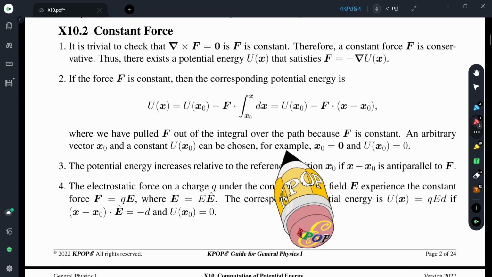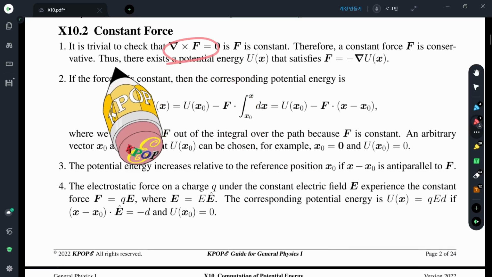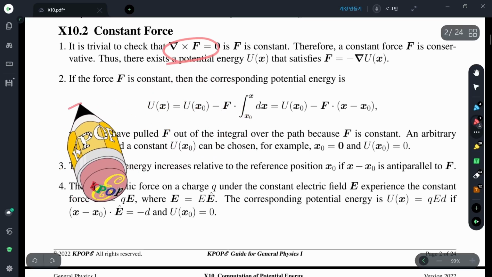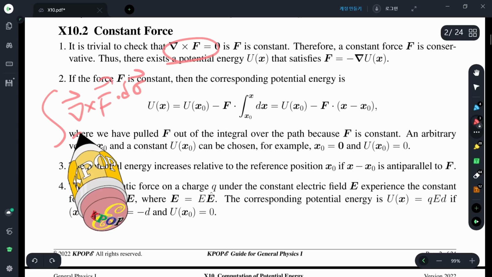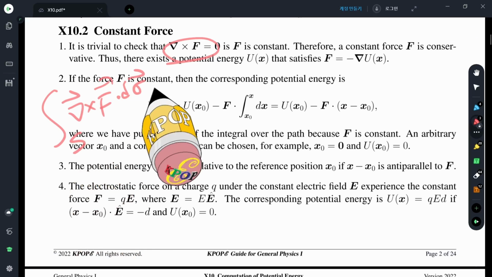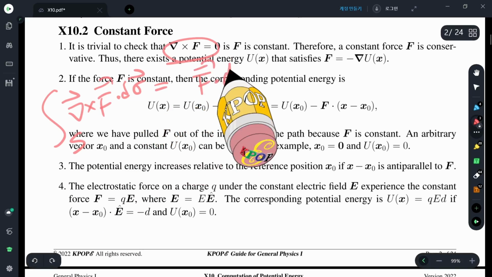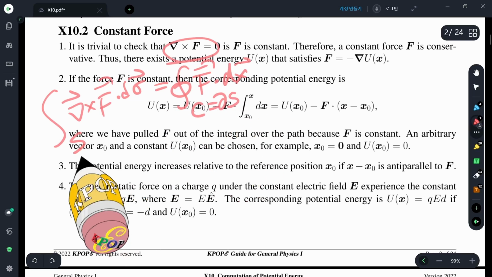If we have constant force, it is definitely conservative. In the previous class, we learned that if a force is irrotational, it is always conservative. The surface integral of this form can always be expressed as a line integral along a closed path that is the boundary of the surface.